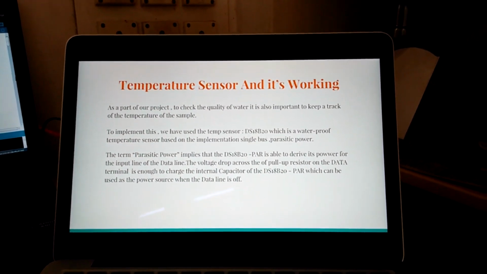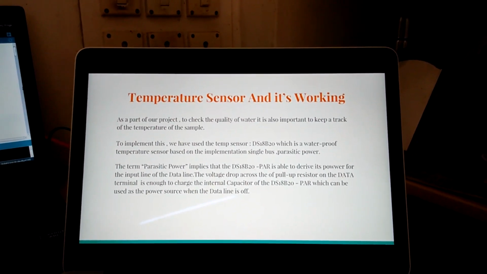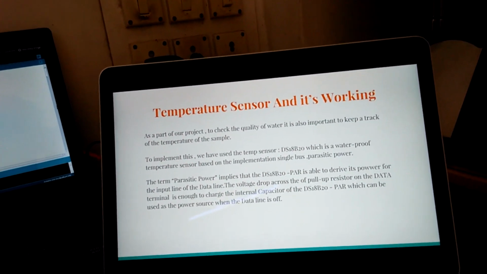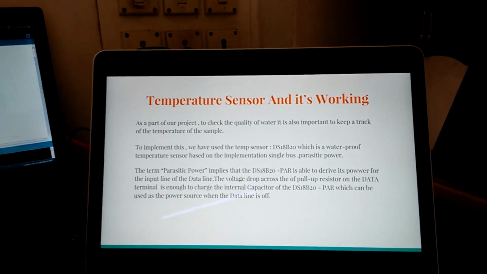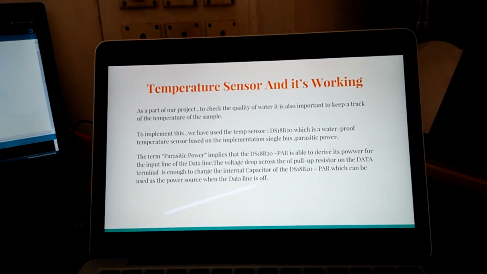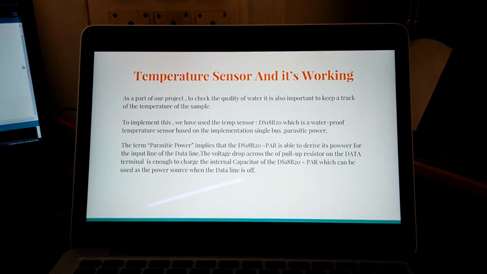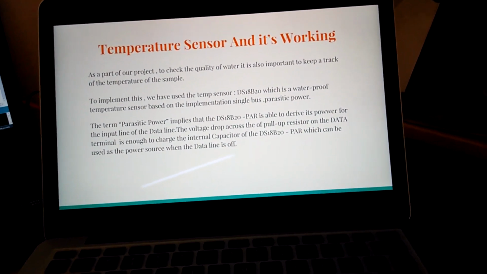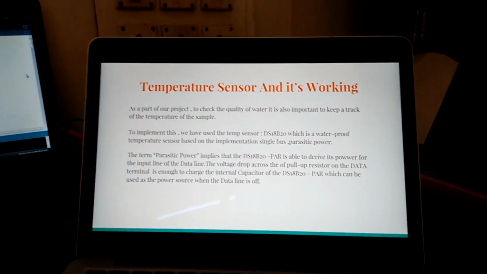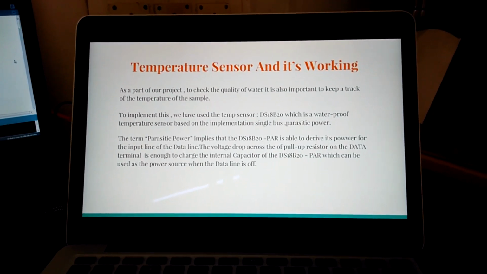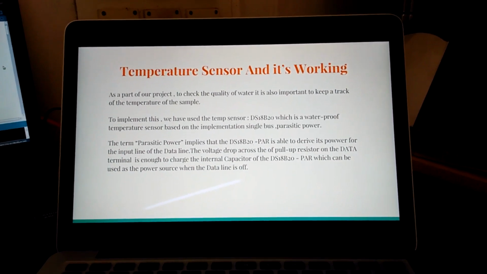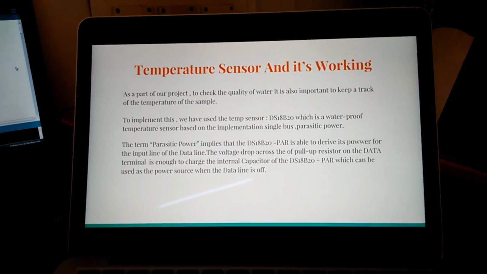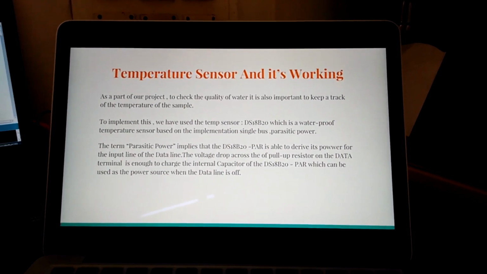Next, we have a temperature sensor. It is often important to measure the temperature of water because it's important in industrial applications where, for instance, for a particular chemical reaction to happen, say you need the water to be at a specific temperature. It is also important in pharmaceutical industries where you would not want anything to go wrong while you are making critical medicines.